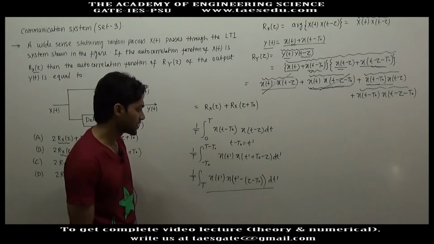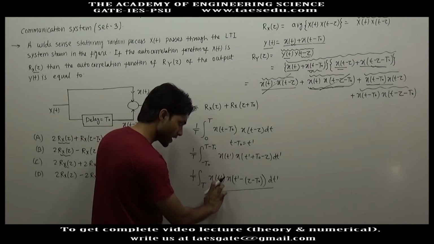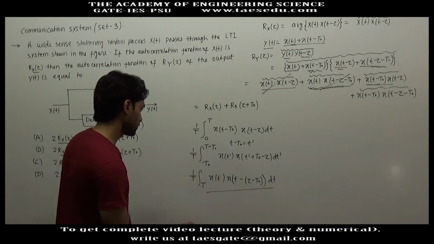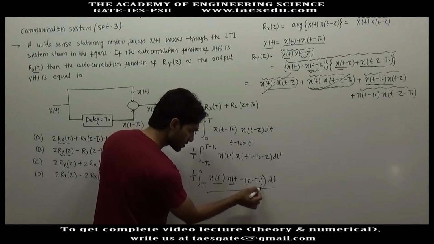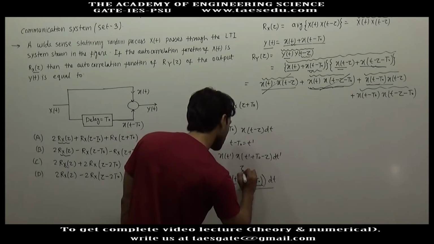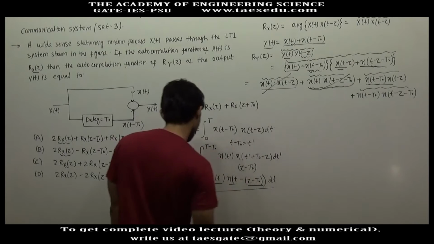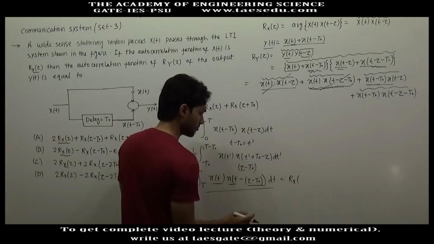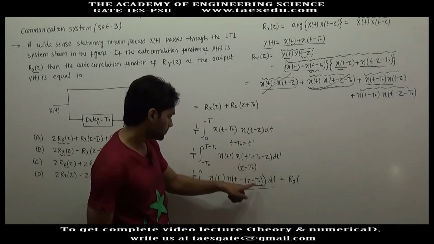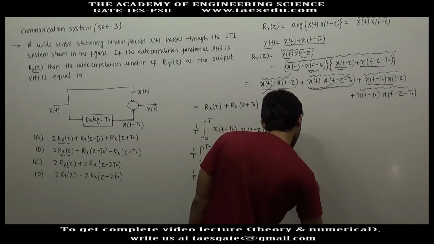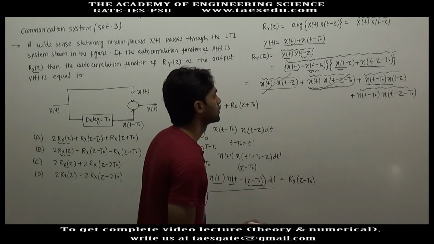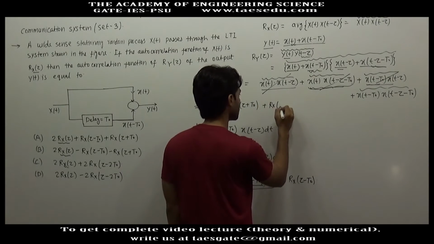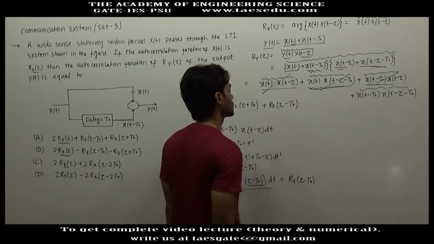Since this is a definite integral, the name of the variable can be changed back to t. So x(t) into x(t minus (tau minus t naught)) is nothing but the autocorrelation function, and at the place of tau we have tau minus t naught. So this expression is nothing but Rx(tau minus t naught).